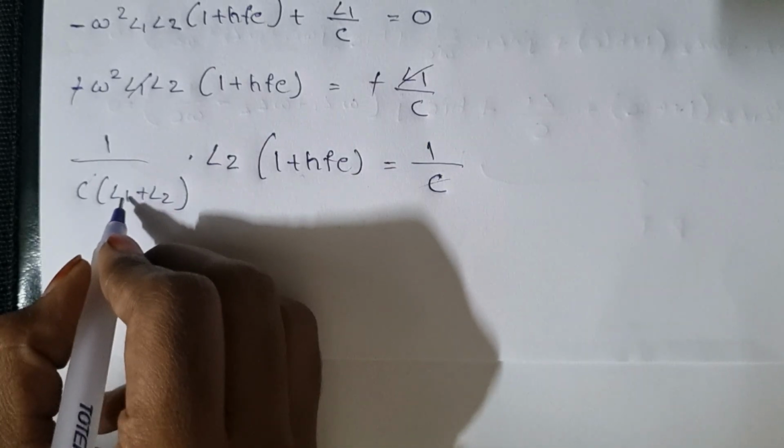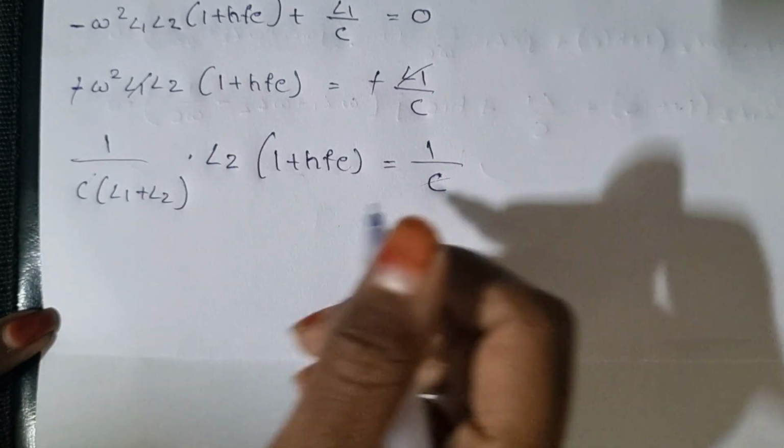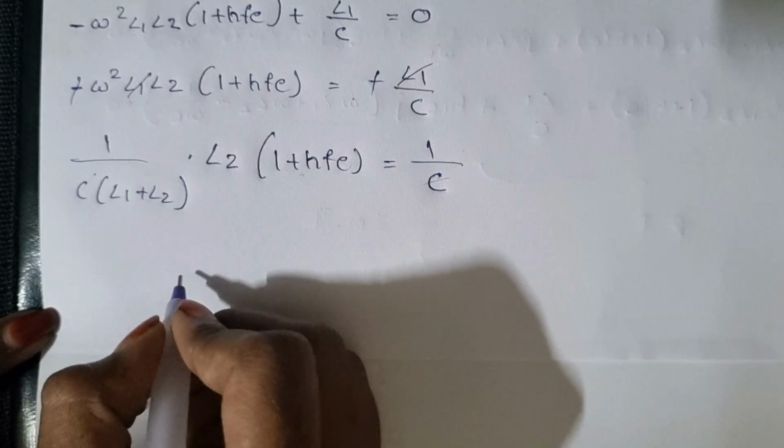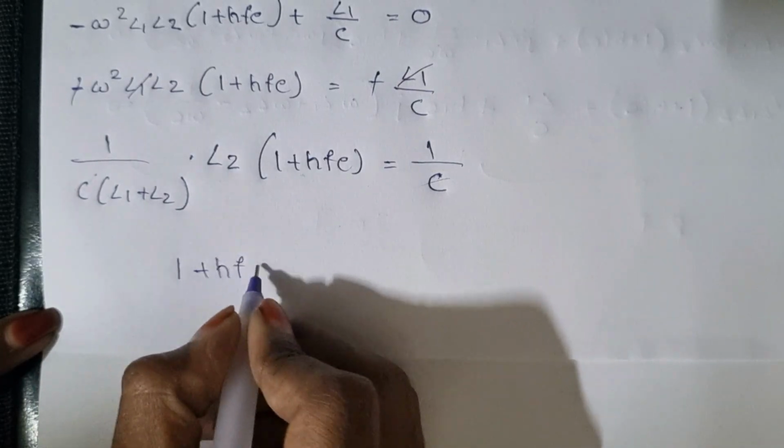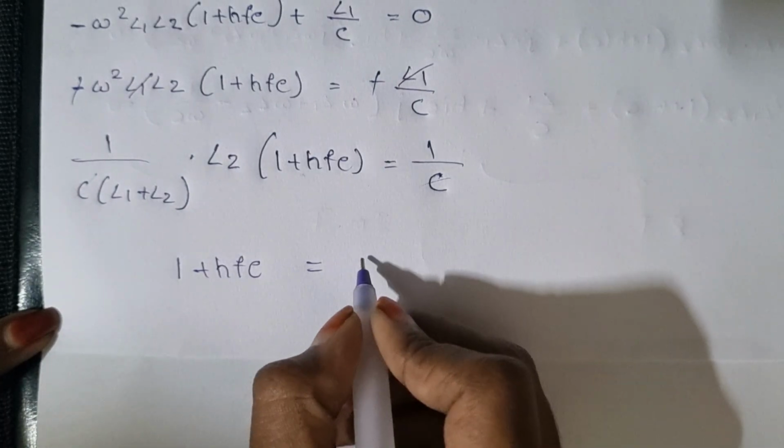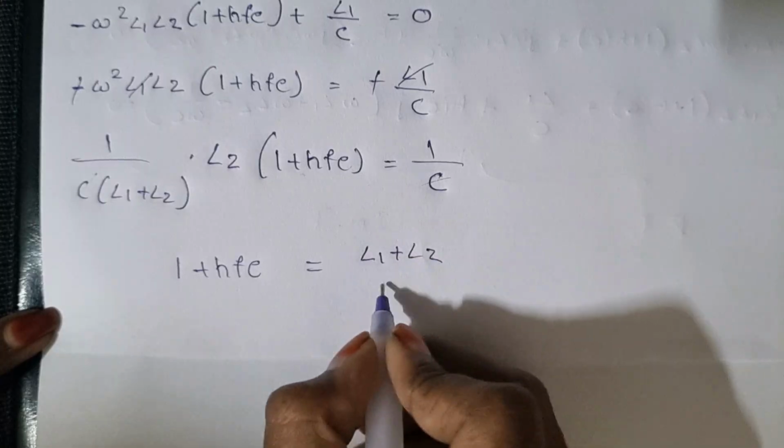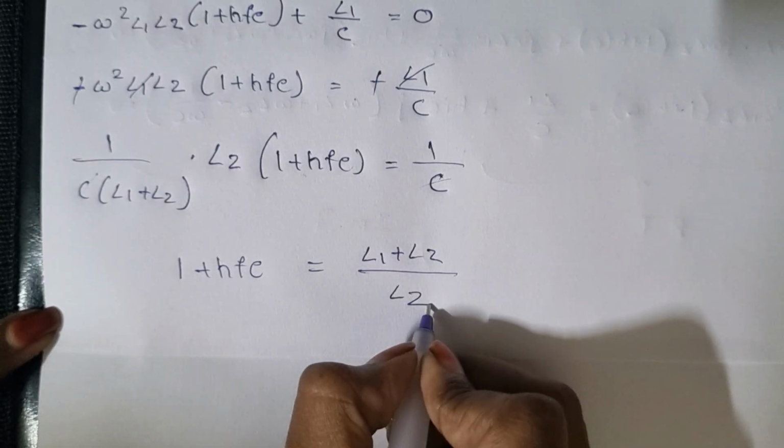So we send this L1 plus L2 to the right hand side and L2 also. So we get 1 plus HFE equals (L1 plus L2) by L2.